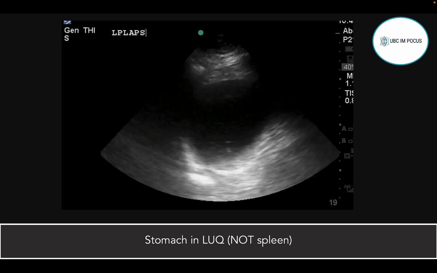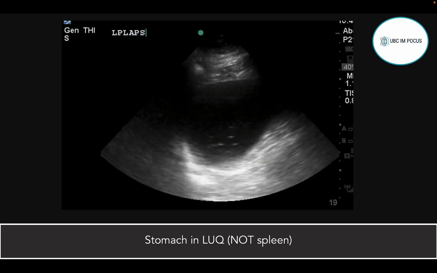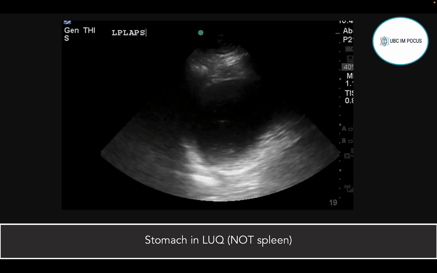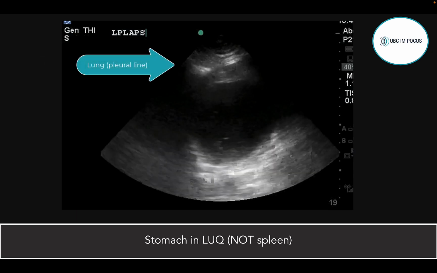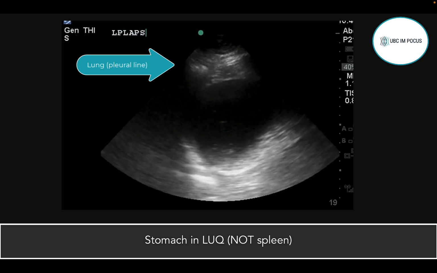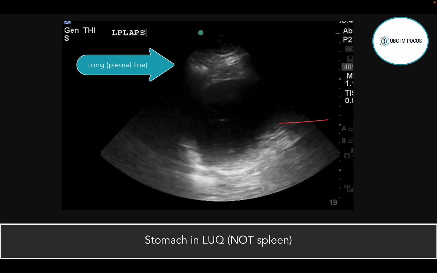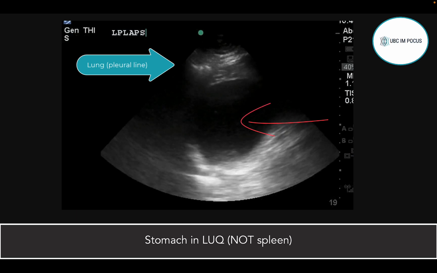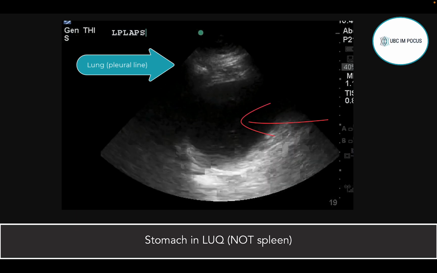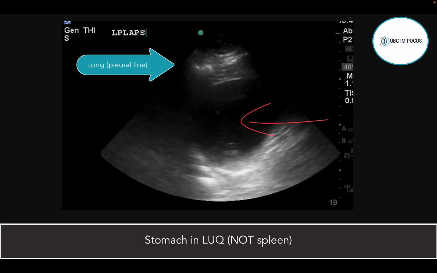This is an example, speaking of which, where we are looking for spleen and we are too far anterior. We can see a little bit of lung and pleural line on the left side of our screen. We see a little bit of diaphragm, and then instead of seeing spleen, we see this circular, very anechoic area. You might be tempted to call it spleen, but it doesn't have the typical appearance, and we don't see any kidney beside it, which we should normally see.